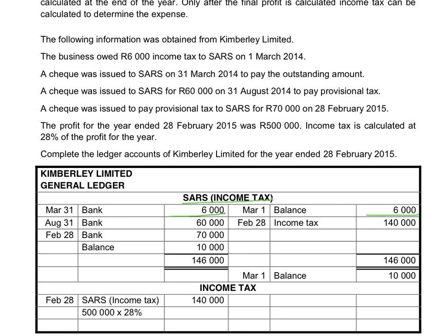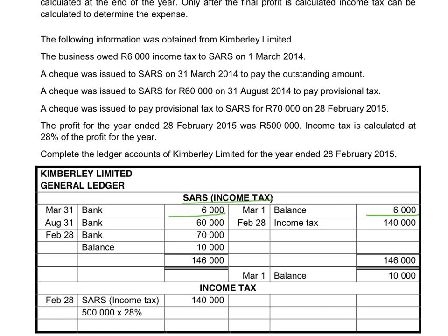Then in the middle of the year, if you want to explain it in a very easy way, the business will make a small income statement, just of all the income and expenses for those 6 months, to determine what the profit is. And then they calculate the 28% on that profit and they make a provisional payment to SARS.